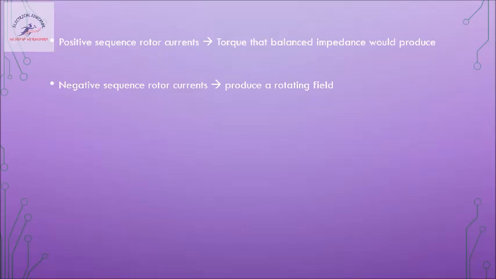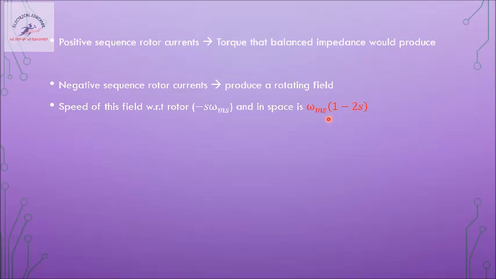This field is produced in the air gap, but with respect to the rotor, the speed of this newly induced field will be minus s into omega ms. We are understanding the relative speed here, and in space, that is in the air gap, the speed of this new field will be omega ms into (1 minus 2s).